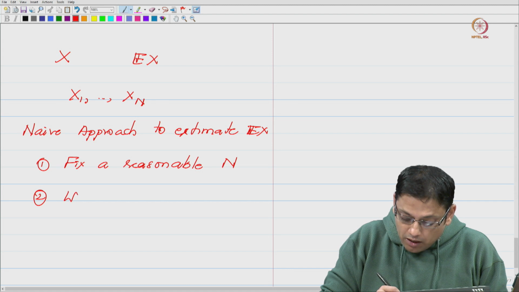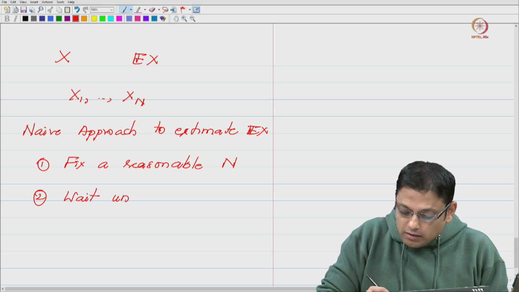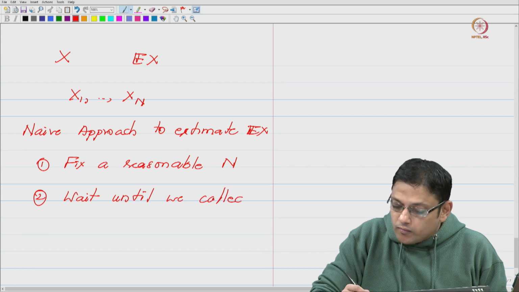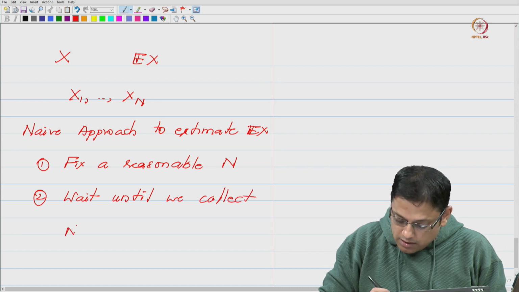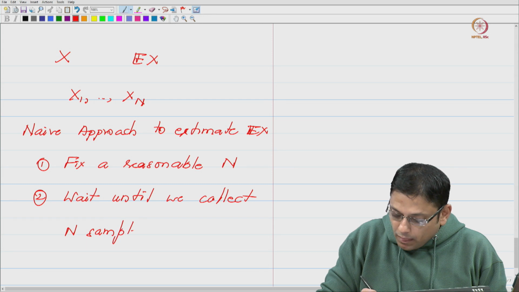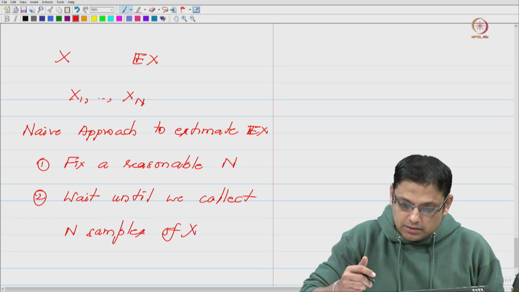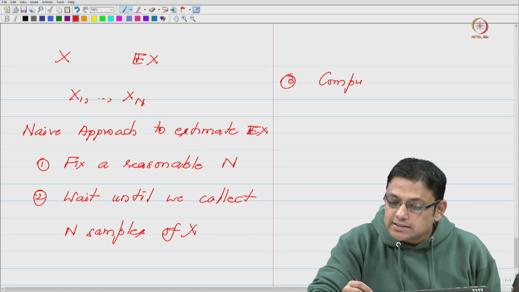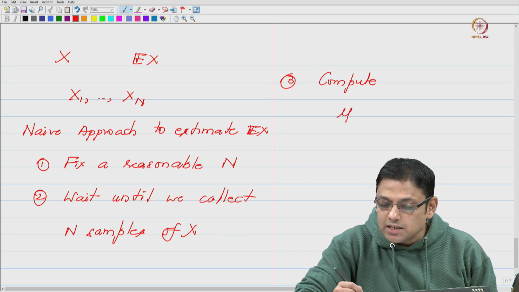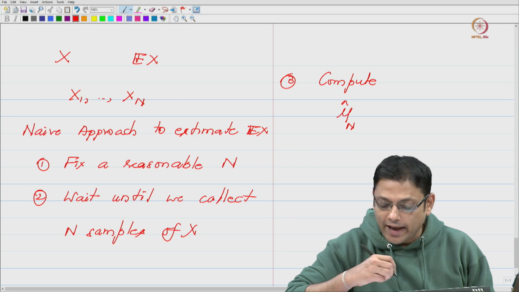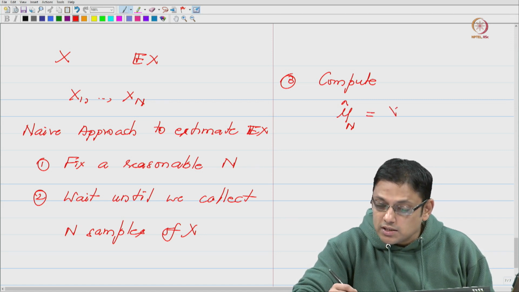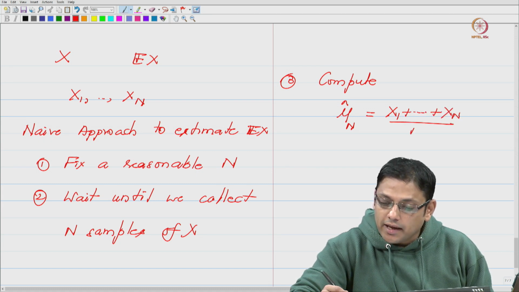The next step would be to wait until we collect n samples of x, and finally we use these samples to compute an estimate of the expected value of x using the formula mu hat n equals (x1 plus ... plus xn) by n.